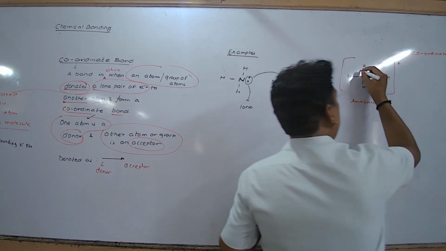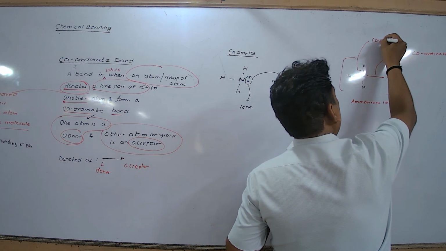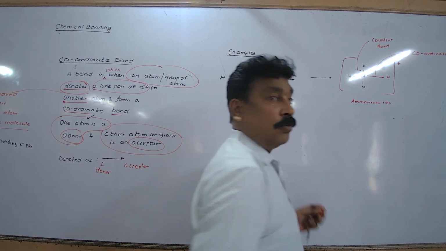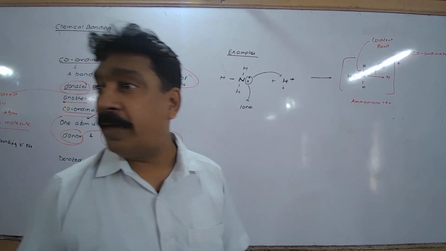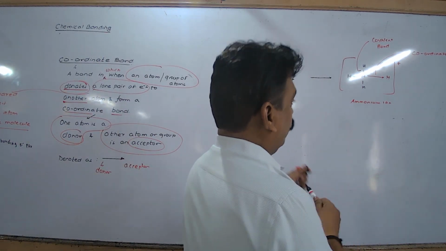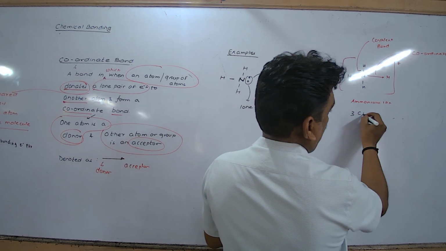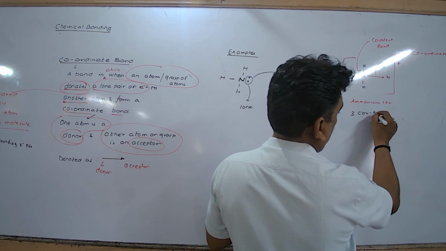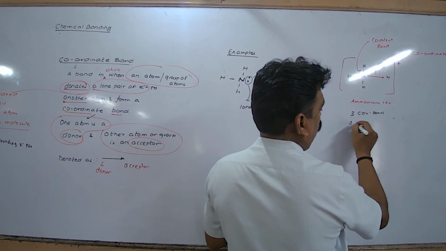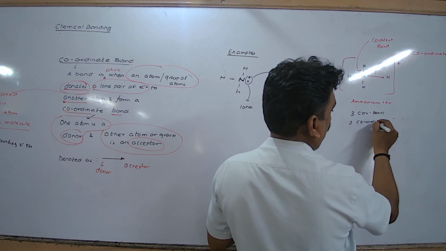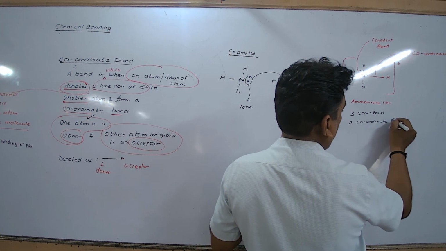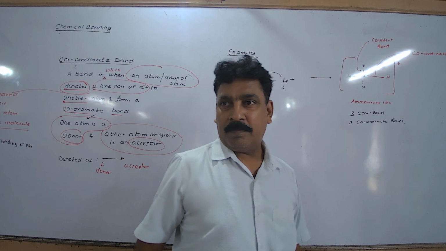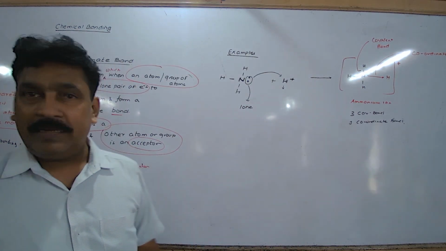Coordinate. These are called as what? Covalent. If they ask you how many covalent bonds are there in ammonium ion, the answer is 3 covalent bonds. 3 covalent bonds. Okay. And 1 coordinate covalent. Totally 4 bonds.